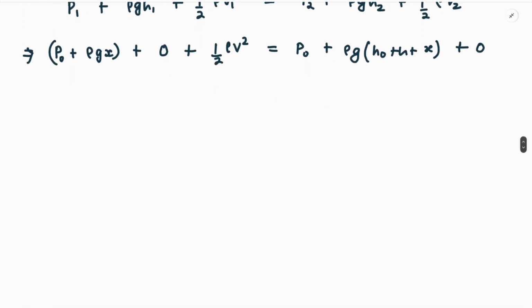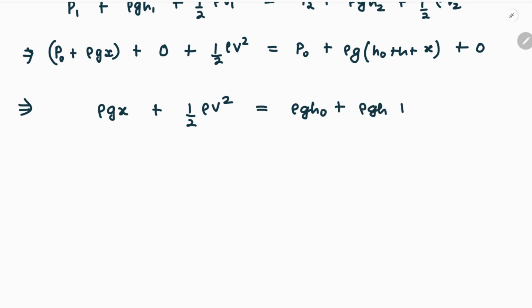Now if we solve this expression, P0 on both sides will be cancelled out. We get rho gx plus half rho v square equals rho g h0 plus rho g h plus rho gx. Again rho gx gets eliminated and we have to calculate for h.